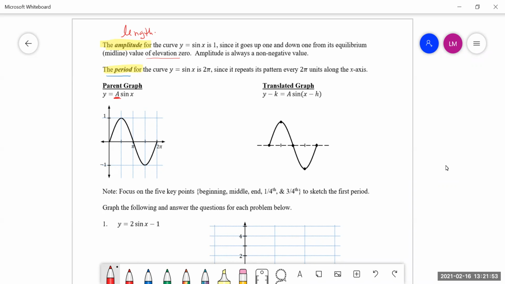This is the translated function, just like we translated parabolas, absolute values, and linears, we can translate a sine as well. The H represents our left or right shift. We call it our horizontal shift. And our K value represents our vertical shift.